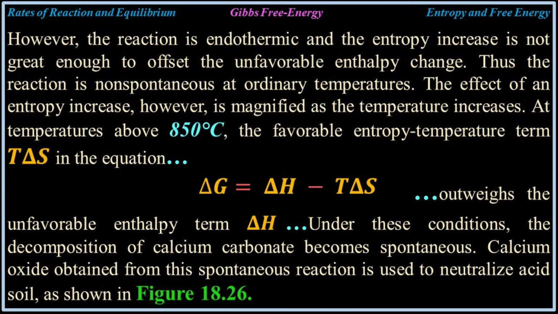Under these conditions, the decomposition of calcium carbonate becomes spontaneous. Calcium oxide obtained from this spontaneous reaction is used to neutralize acid soil, as shown in figure 18.26.